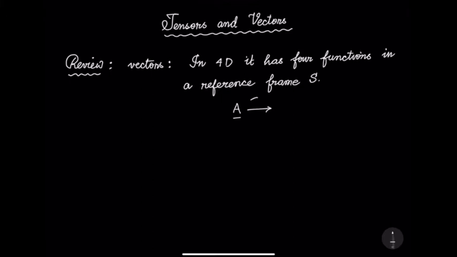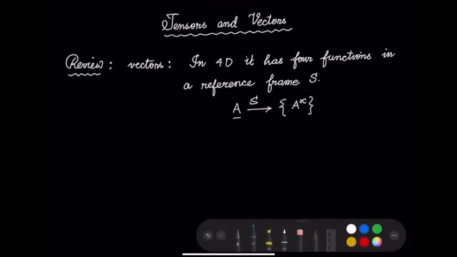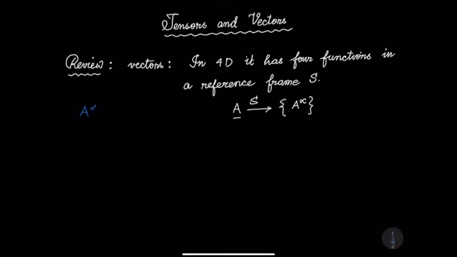We said we can write it as the following. This is just the collection of 4 components A. And remember that each of these A alpha can be function of the coordinates.